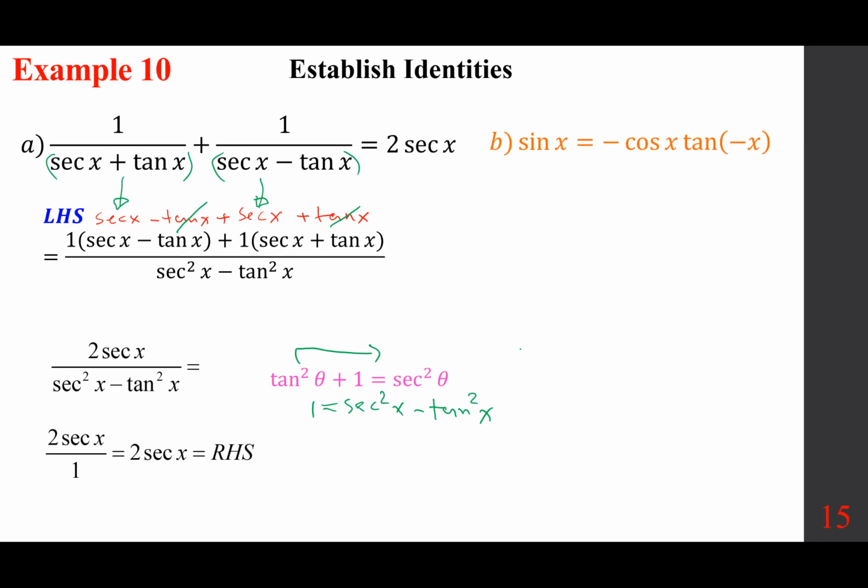So we're going to start with the right-hand side, and tan of negative x is negative tan of x. So negative times negative makes it positive. So we simply have cosine x times tan x.